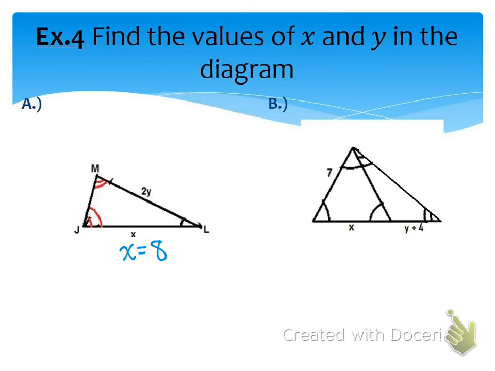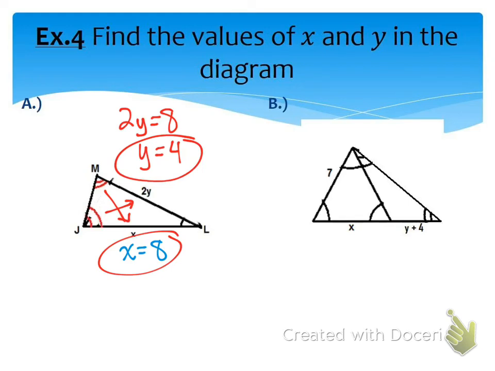So remember, in isosceles triangles, the sides opposite those angles have to be congruent. So 2y has to equal 8, which means y would equal 4. So x equals 8, y equals 4. Questions about how we reasoned our way through letter A?